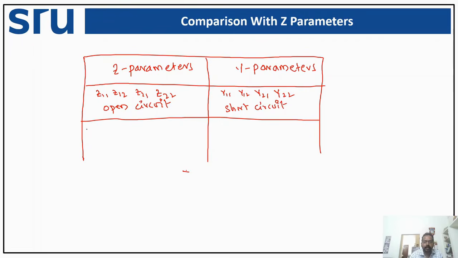The second difference is that when computing these parameters, we make use of mesh analysis. By applying mesh analysis, we directly get the Z parameter equations. That is, we can compute Z11, Z12, Z21 and Z22 directly. And when coming to the Y parameters, we apply nodal analysis.